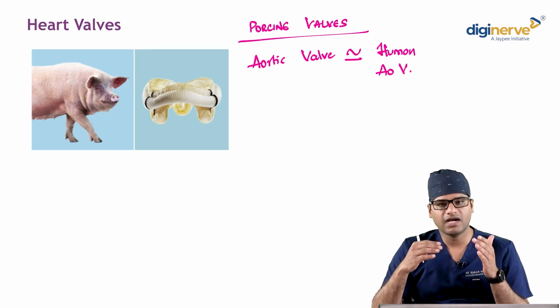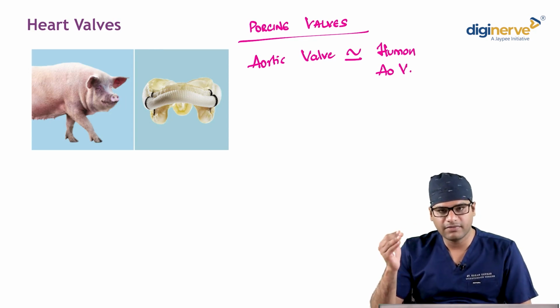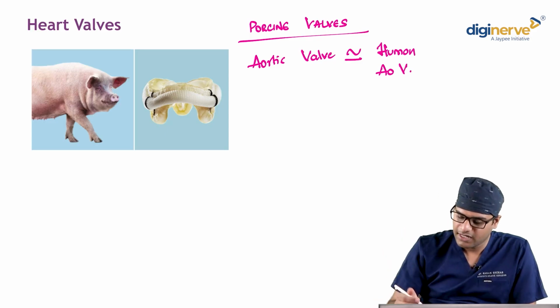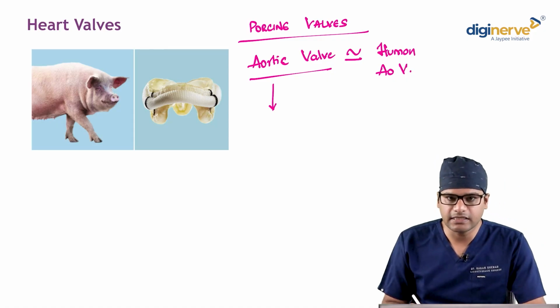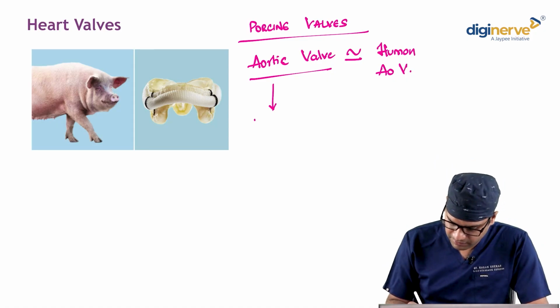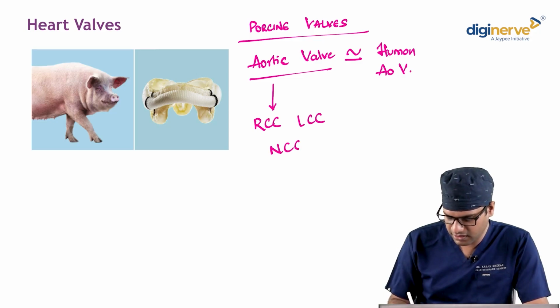The pig's aortic valve leaflets are harvested to make a human valve counterpart. Essentially the aortic valve of the pig has 3 cusps, which resemble exactly the human counterpart: the right coronary cusp, the left coronary cusp, and the non-coronary cusp.